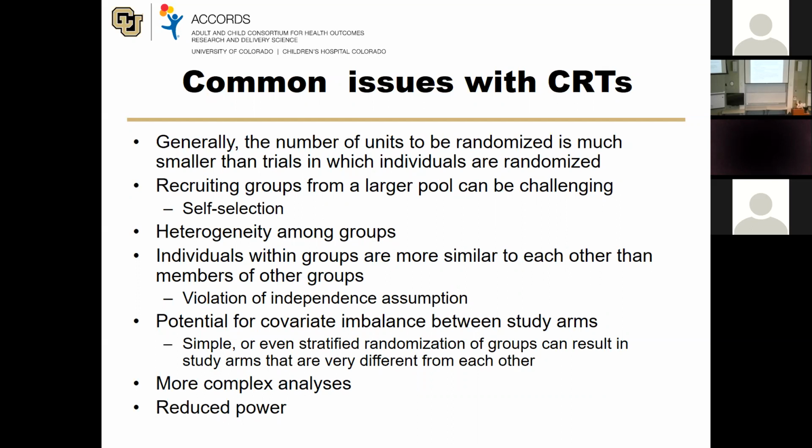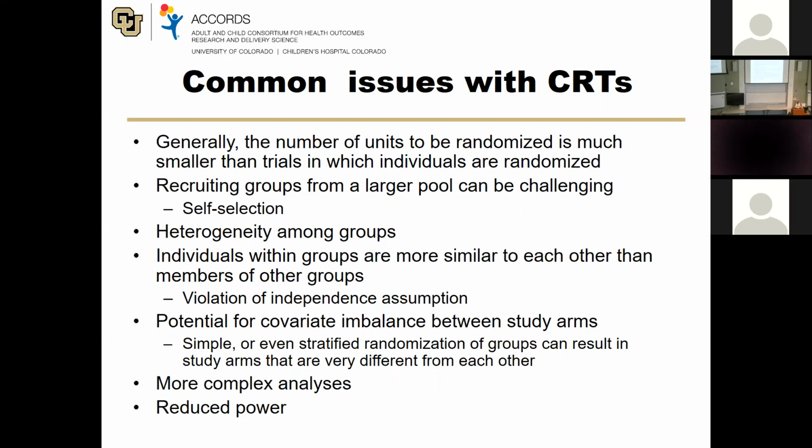Another issue that can be really problematic is recruiting groups from a larger pool can be challenging, and there can be self-selection. There's a lot of heterogeneity among groups, often, regardless of how they're defined. And individuals within groups are more similar to each other than members of other groups. And this violates some of our basic statistical assumptions of independence.